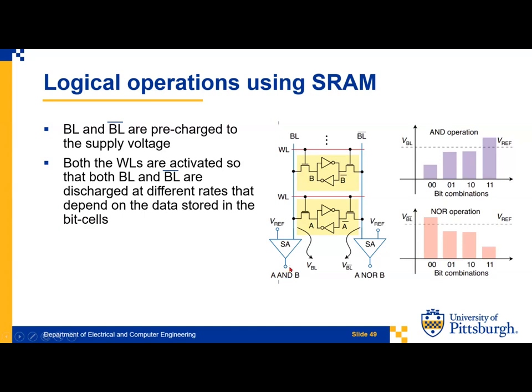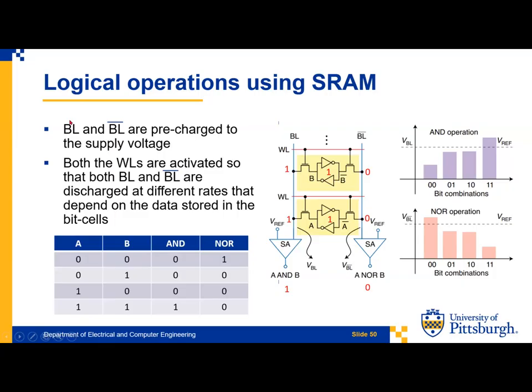So how to do that? For example, here it's 1 times 1 in the SRAM cell, and we expect the result to be 1, right? You pre-charge the bit line, and turn the MOS on here.